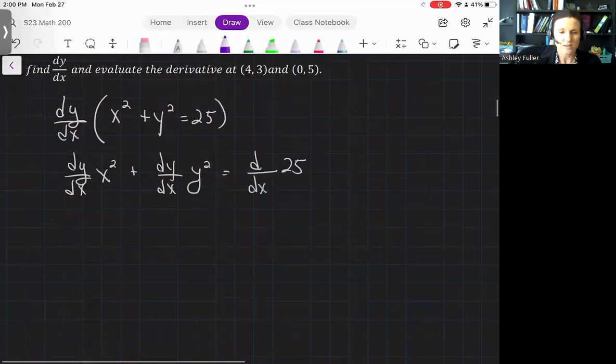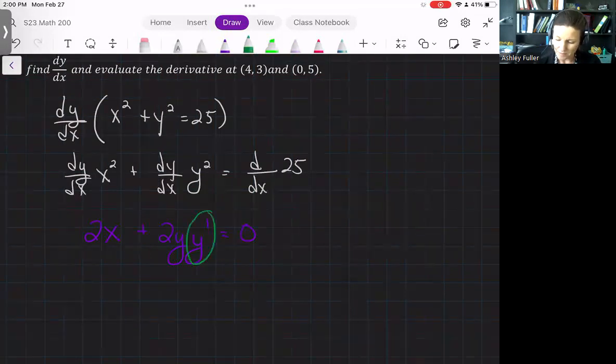I can take the derivative of the first one with respect to x because it is with respect to x, so that's going to be 2x. And then here, I'm going to apply 2y and then y prime, or dy dx. And then the derivative of a constant is 0. My goal then is, remember, y prime is just another way to write dy over dx.